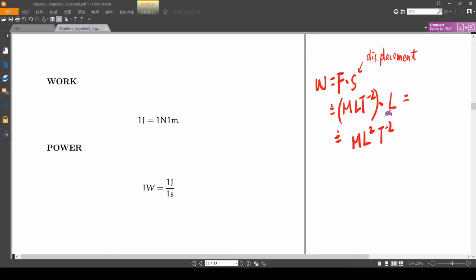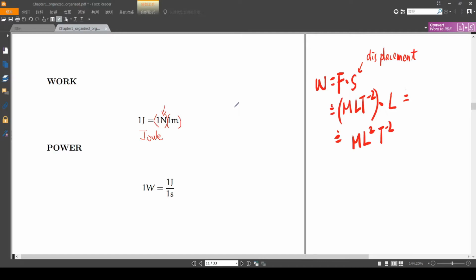Okay, this is the joule. The joule in the SI unit is equal to the force N times the displacement length, so it's newton meter.